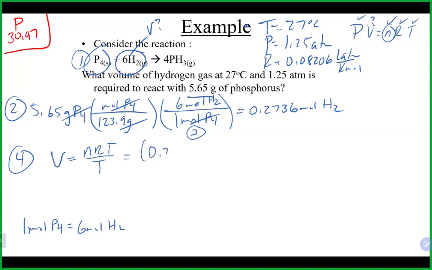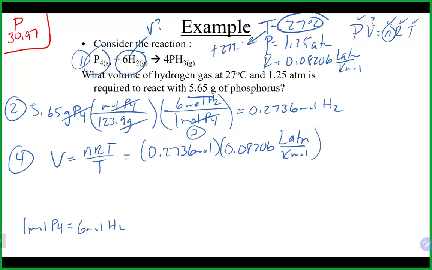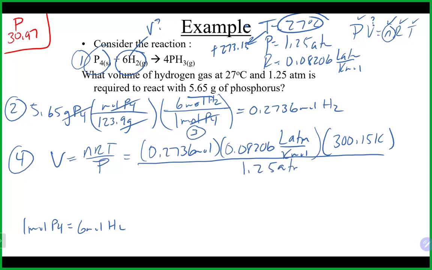Putting in our moles, 0.2736 moles. Gas constant, 0.08206 liters atmosphere per Kelvin mole, has all 4 units. We do always need to convert our temperature into Kelvin, so we need to add 273.15 to that. That's going to give us 27 plus 273.15, 300.15. All going to be divided by our pressure on the bottom there, which is 1.25 atmosphere.